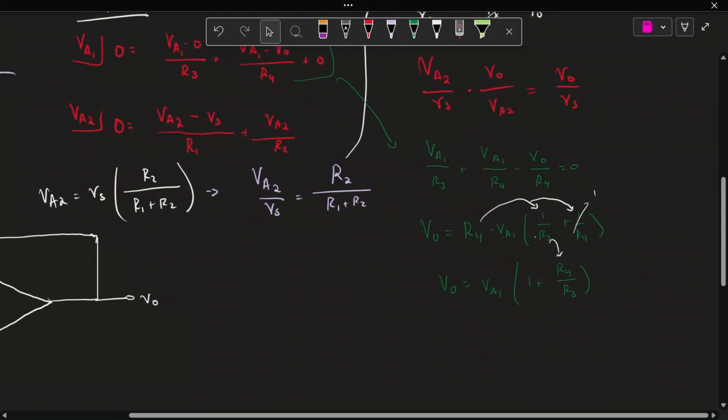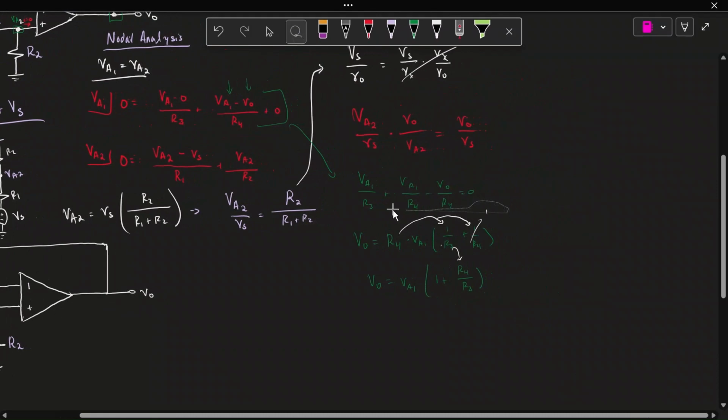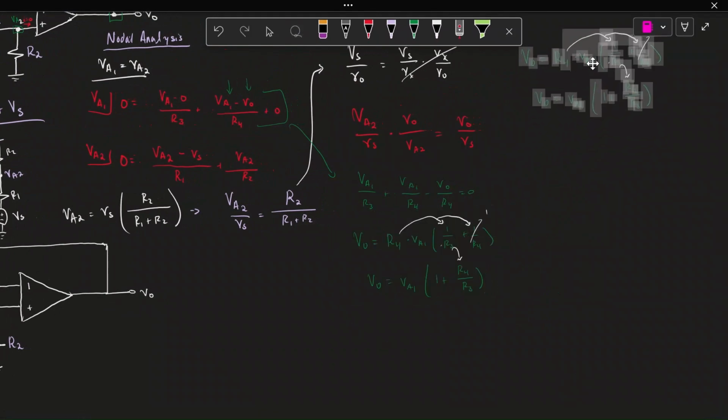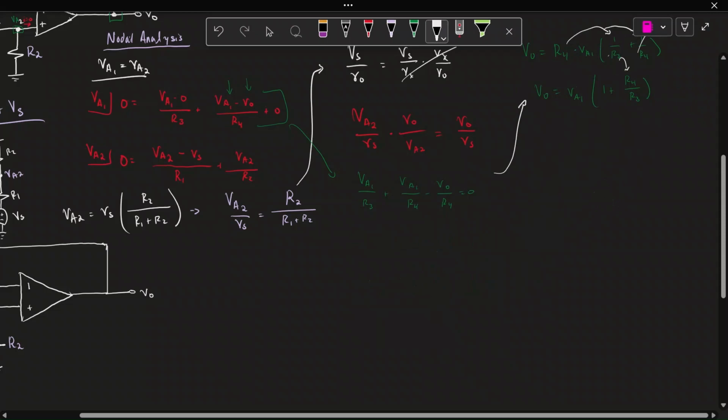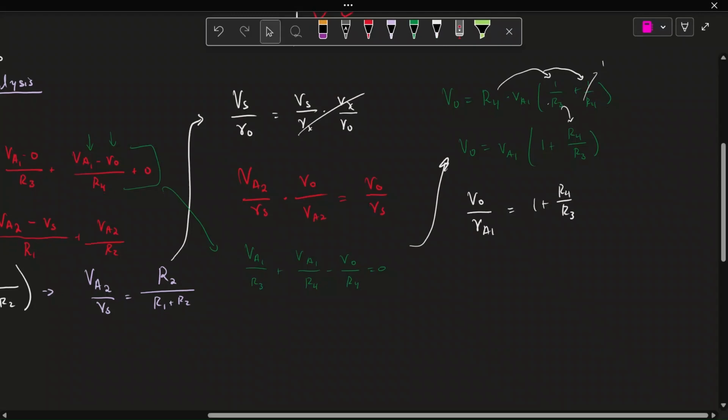Now let's divide by VA1. V out over VA1 is equal to 1 plus R4 over R3. This looks exactly like a non-inverting amplifier, exactly what we have and exactly what we need.